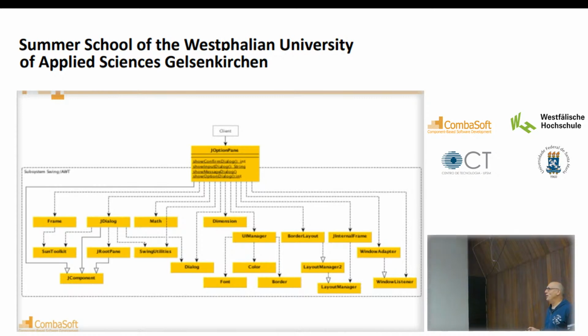This JOptionPane is hiding all of the complexity of these other classes. So you just have to know what is important here, and all the other stuff is hidden behind the facade. It's a beautiful example from the real world.